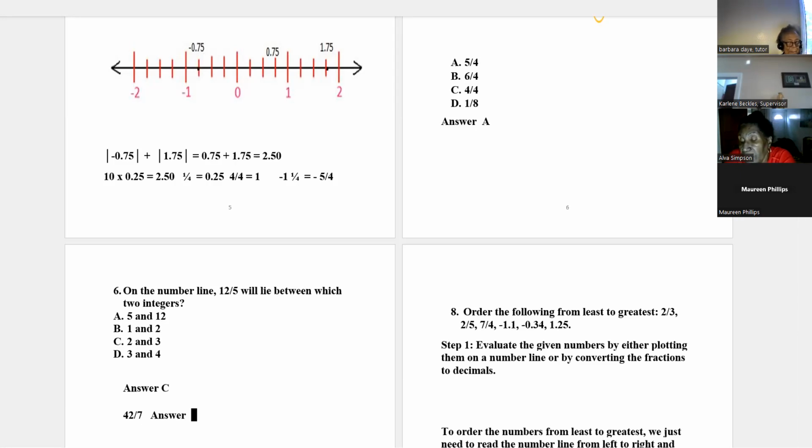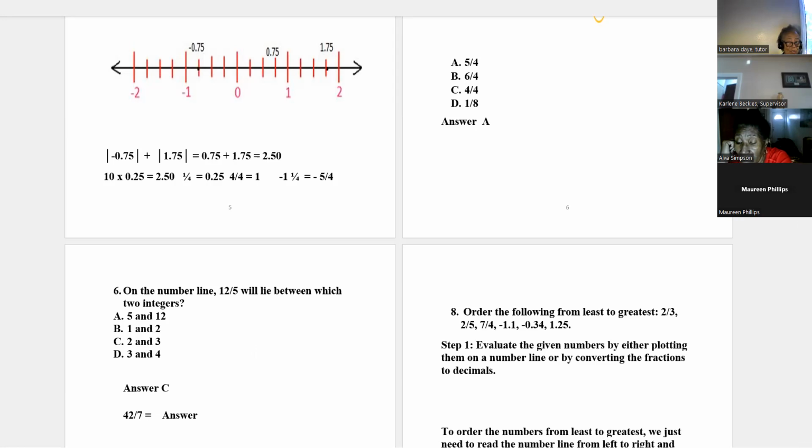I'm trying to figure it out. What's 42 over 7? 42 divided by 7 equals what? 21. Is it 2 and 1?